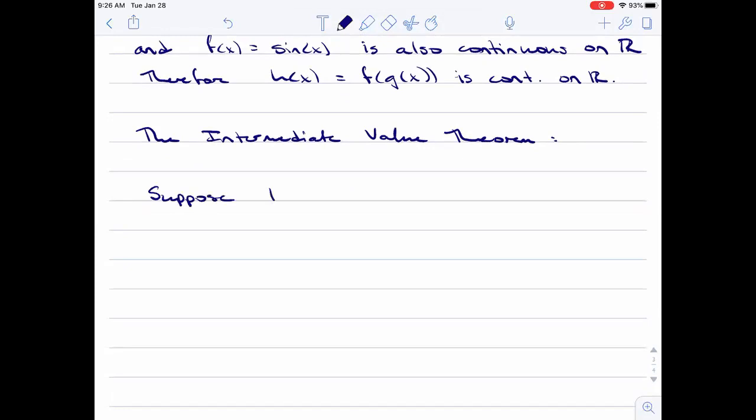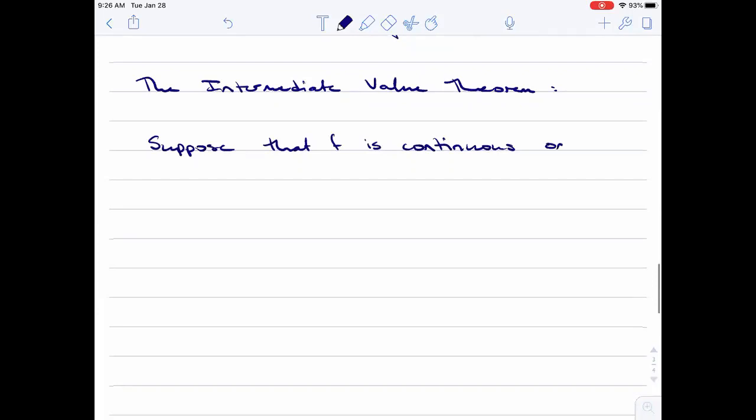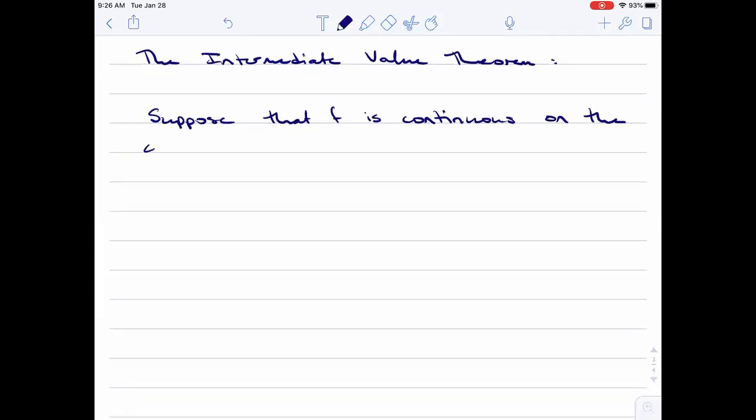Suppose that f is continuous on the closed interval a to b.